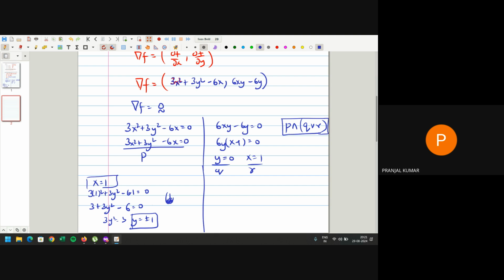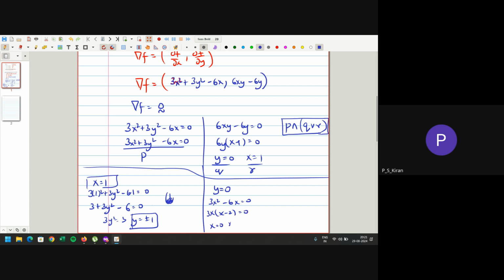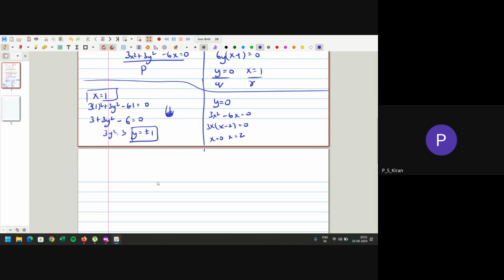For the second case, y is equal to 0. For that, you will find the x value from this expression. So 3x square minus 6x is equal to 0. So x is equal to 0 or 2. Just note down all the points.